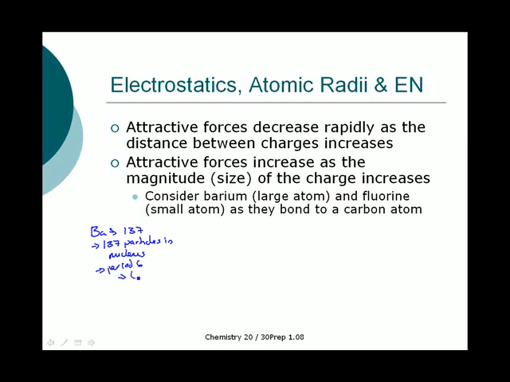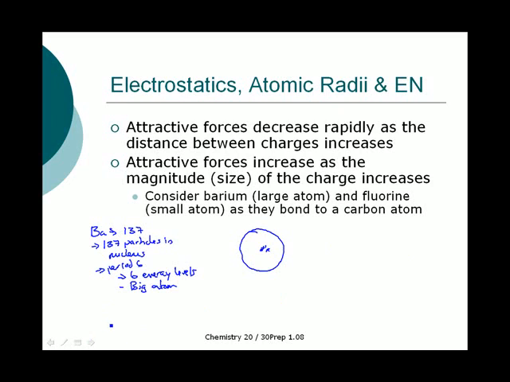Which means it has 6 energy levels. So that means it's a big atom. So barium would look something like this. And remember, all of its positive charges are right in the center. So right there is the nucleus of barium. That's where its positive charge is. It's a big positive charge, but again, it's far away from the outside of the atom.